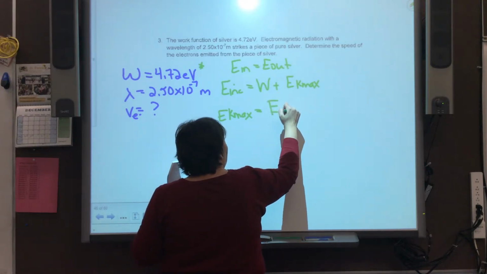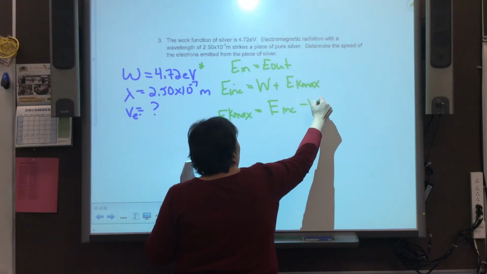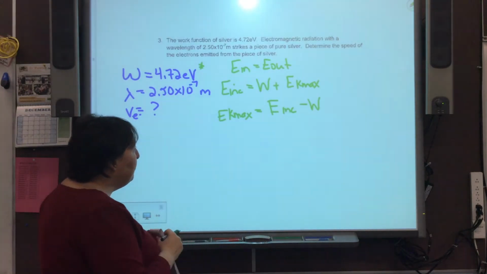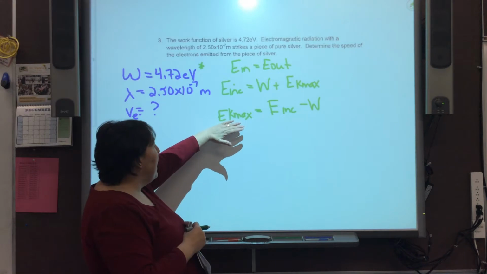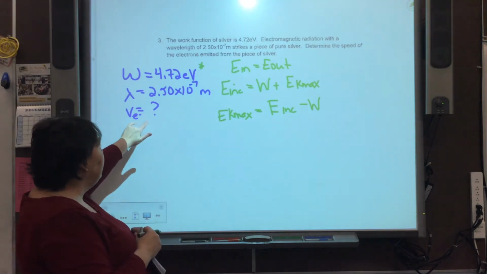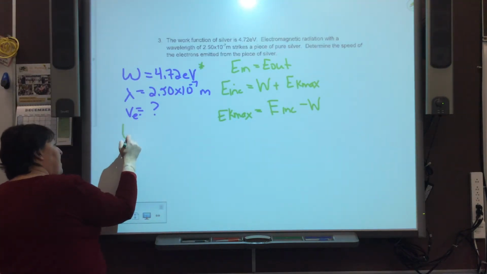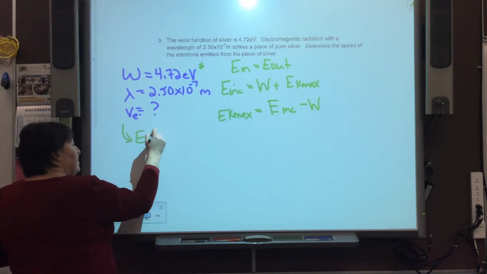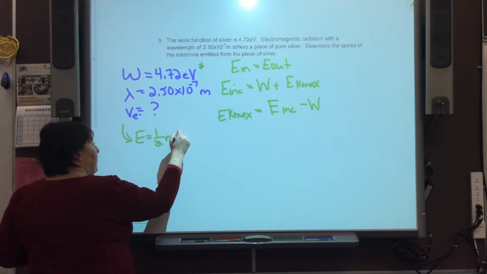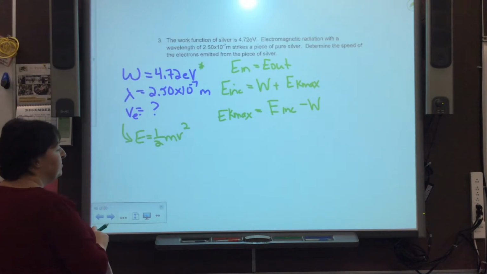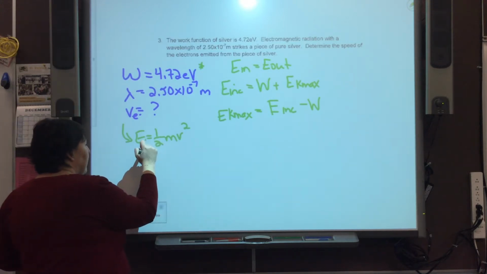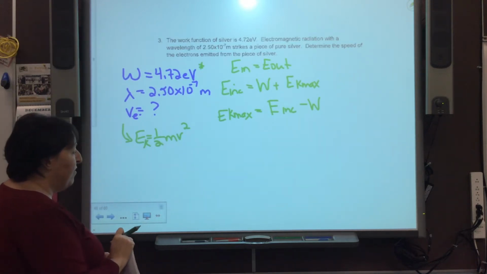Okay, so the reason that we're isolating for maximum kinetic energy is because we need velocity, and we know that EK is equal to 1/2 mv squared.